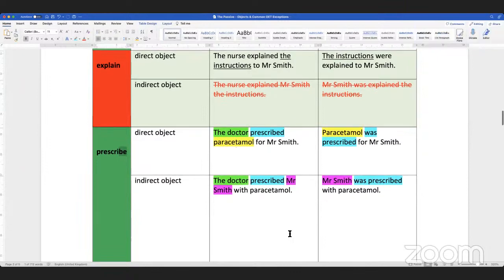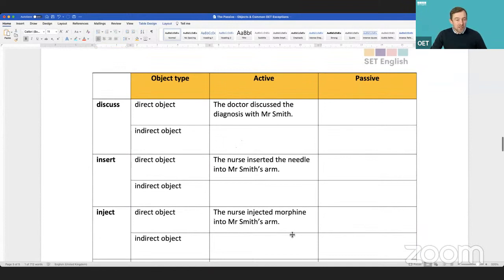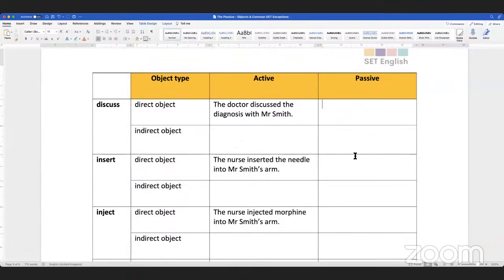Let's go through and look at these three: discuss, insert, inject. In your groups, work out what the passive is for the direct object. Can I use it with the indirect object? And if I do, how do I make that passive? You've got these three boxes, and you have to decide how to fill them, or if I should fill them.